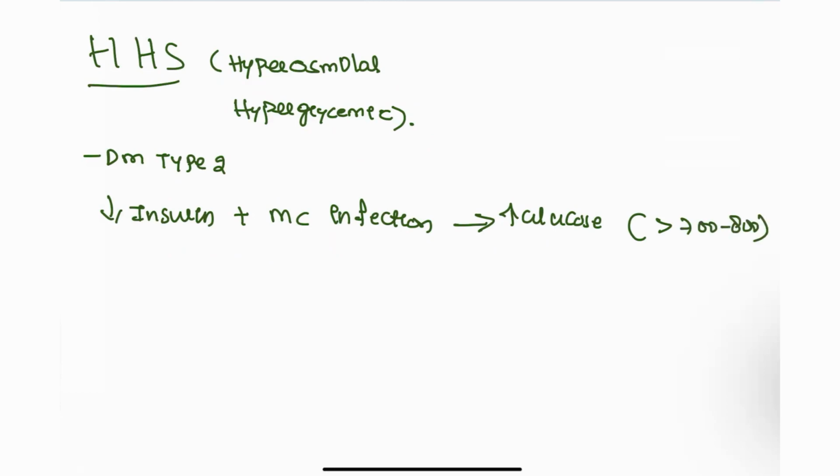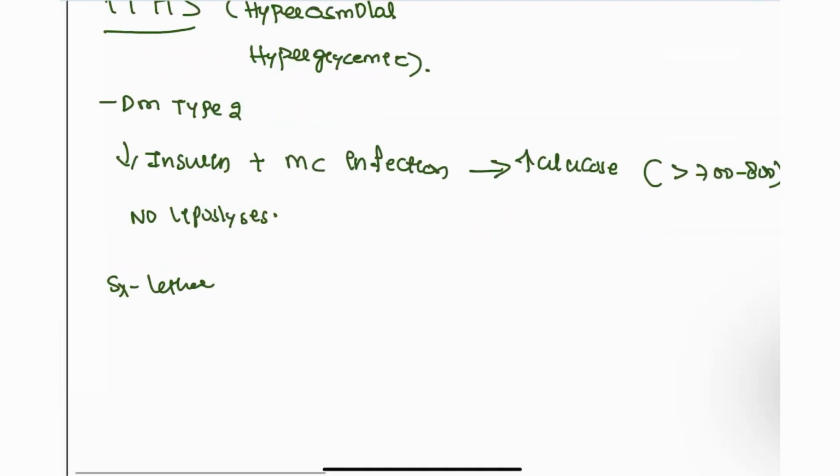Okay, and here the only difference is no lipolysis. No lipolysis is seen in this patient. So for an elderly patient with symptoms of lethargy, confusion and coma, please consider that the patient is having the hyperosmolar hyperglycemic condition.